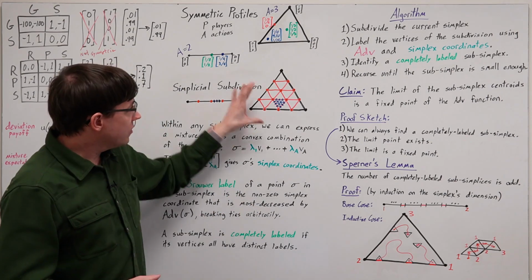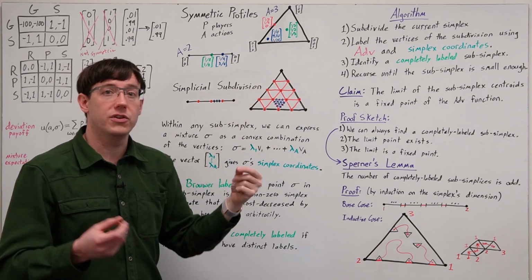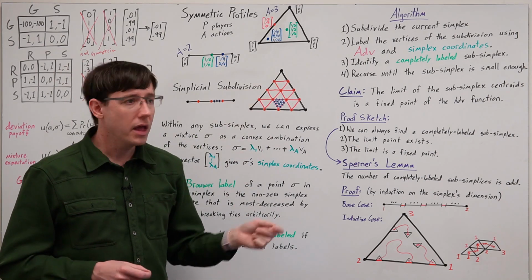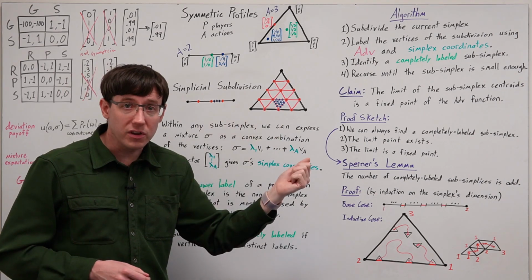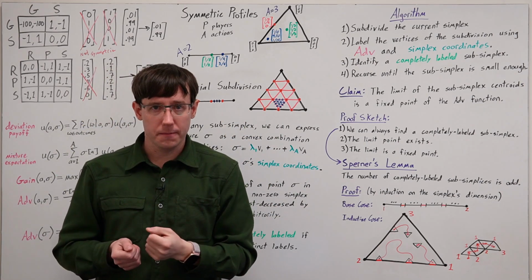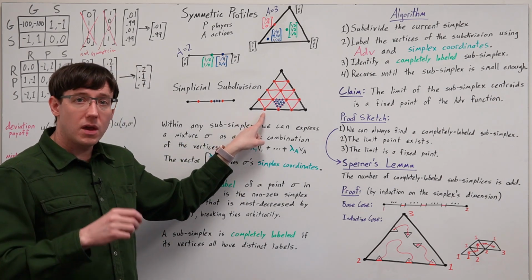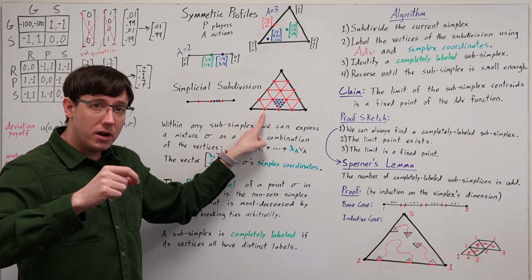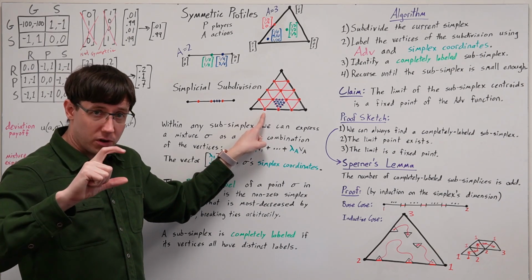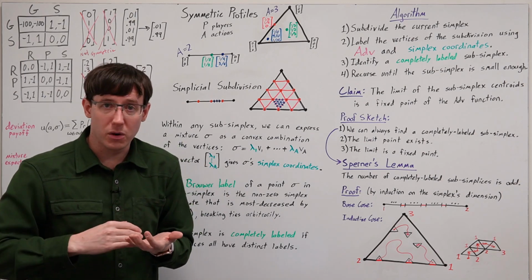So when we subdivide the simplex, we get a bunch of vertices of the subsimplices. And each of those vertices will get a label according to the advantage function. The way we'll label a vertex is based on which of its dimensions the advantage function decreases the most.